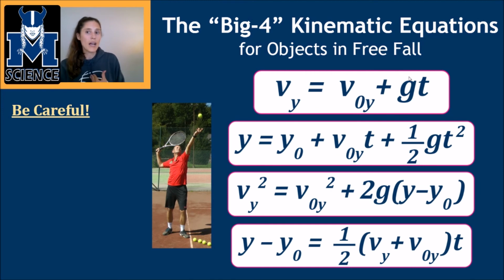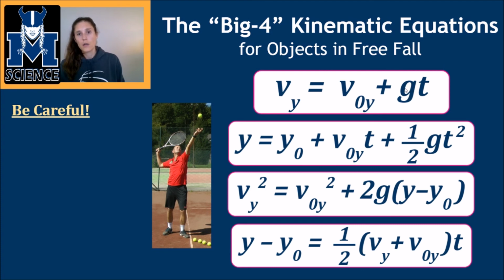How I usually solve these problems, I like to write the negative sign and call the positive direction upwards. For some of you, it might be more comfortable to call the positive direction downwards, and that way you don't have to worry about making g negative. But then you don't want to confuse your velocities. You've got to be consistent with everything, with your velocities, with your positions, and with your acceleration, or your gravity in this case, the acceleration due to gravity.